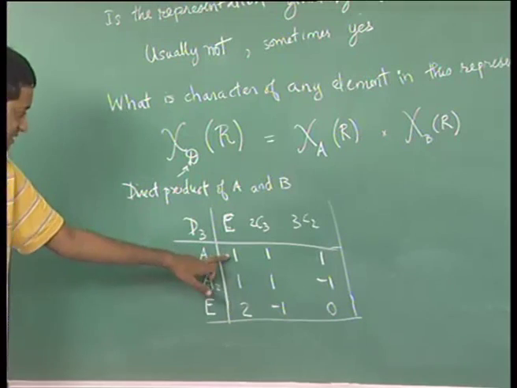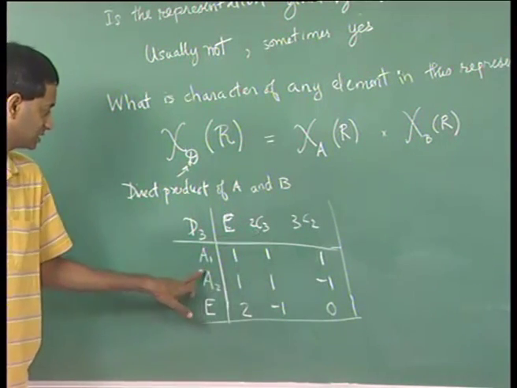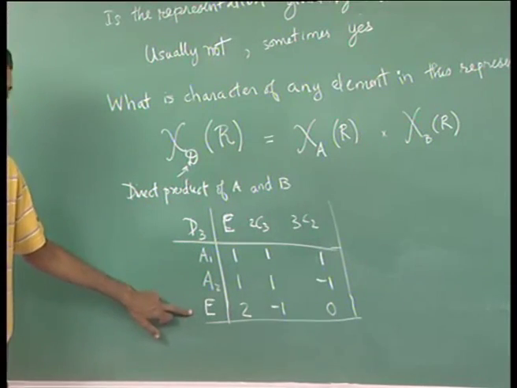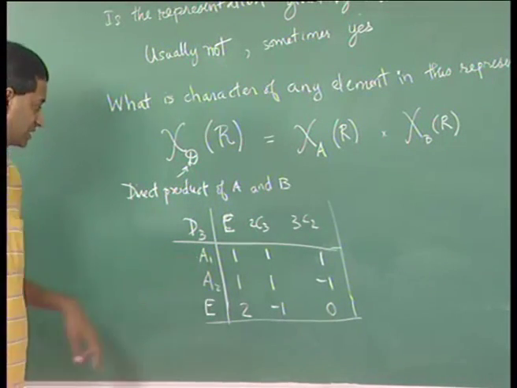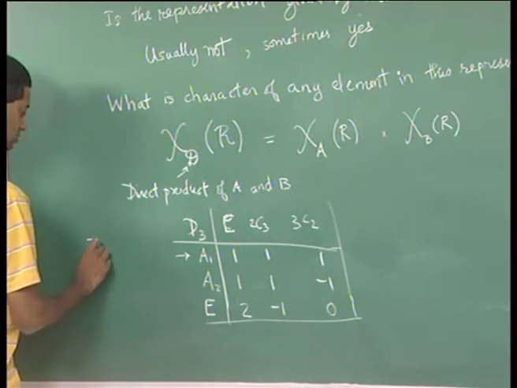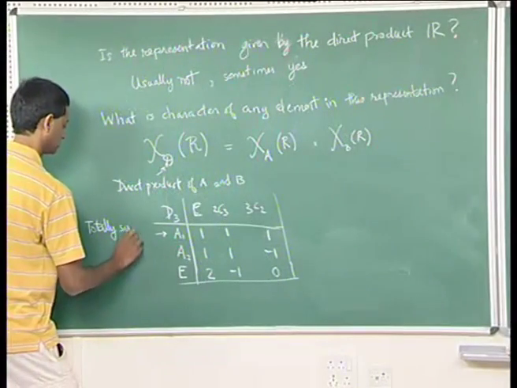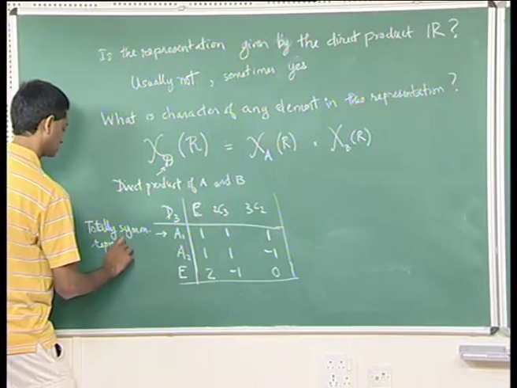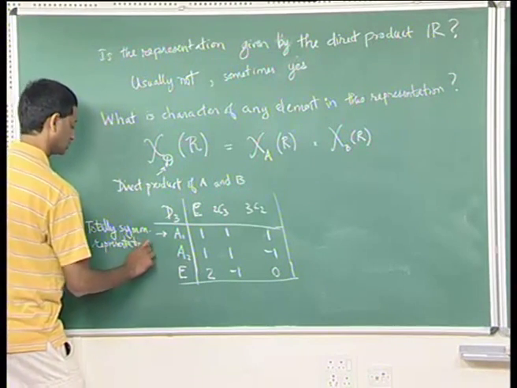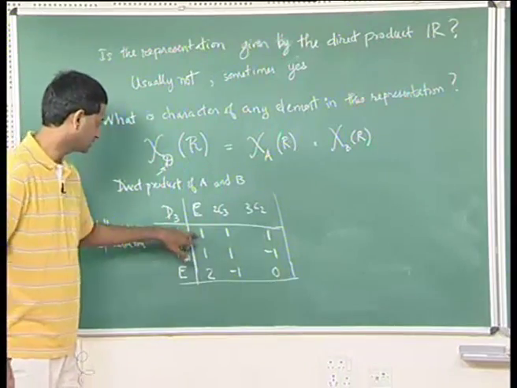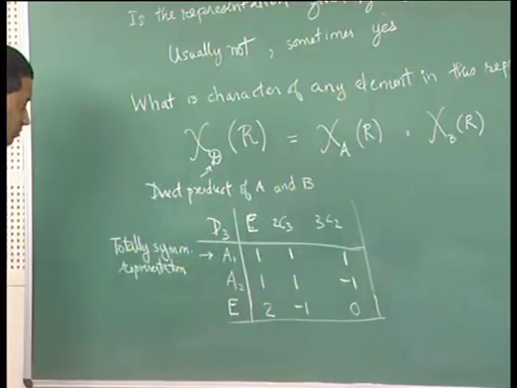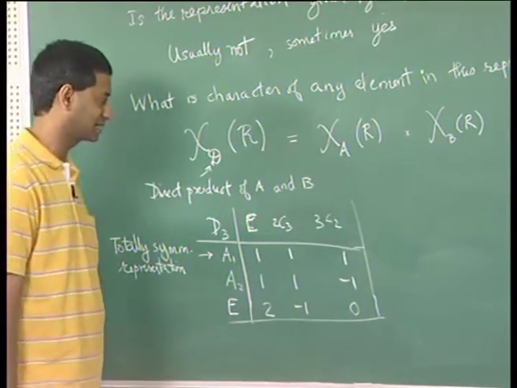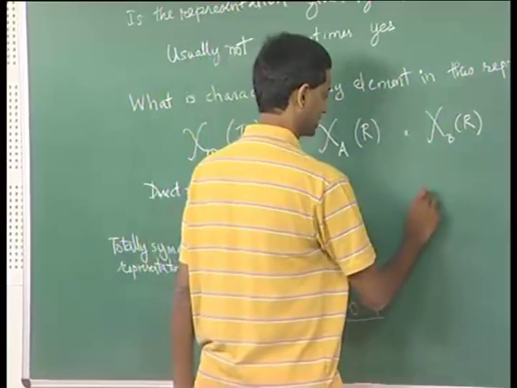So, these are the characters of these operations in A1, A2 and E. Notice that in the totally symmetric representation, the character of each of the operations is 1.